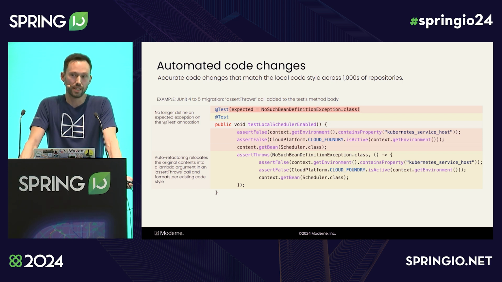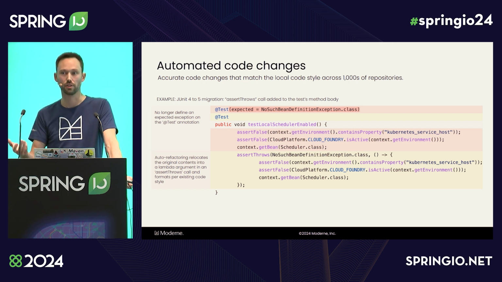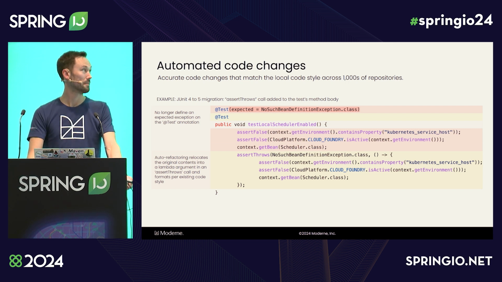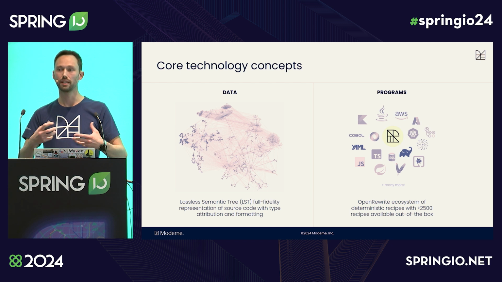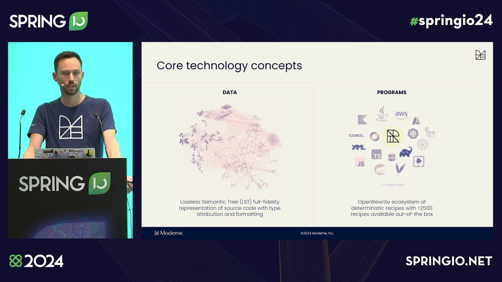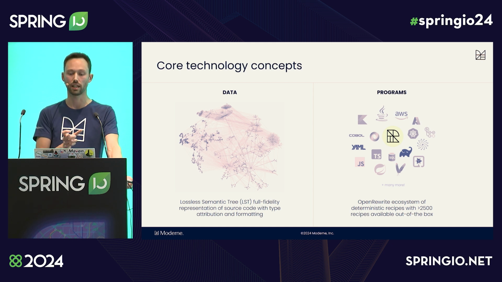Now, this is a type of change that you're unlikely to be able to do with a regular expression. So what we have done is we have built a technology that allows you to do such safe code modifications by building up a very detailed model of your code. This model contains extensive type information, which we use to match elements of the lossless semantic tree that we built up.